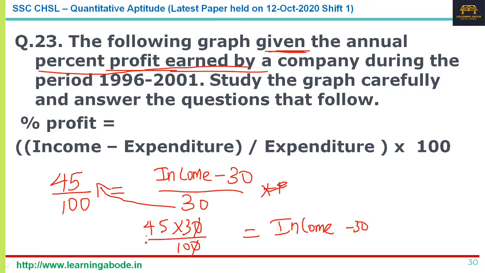So 0 and 0 goes off. You will get 13.5 on your right. So 13.5 is equal to income minus 30. So you will get income is equal to 30 plus 13.5.